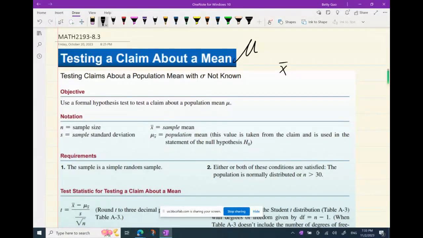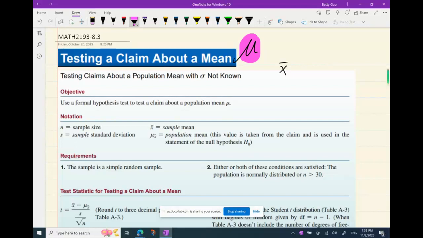X bar is the sample mean. X bar, the sample mean, is a good estimation for the population mean, both point estimate and confidence interval estimate. And today in this section, our focus is to test the claim regarding a population mean.